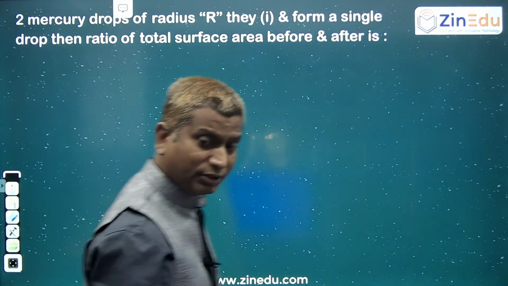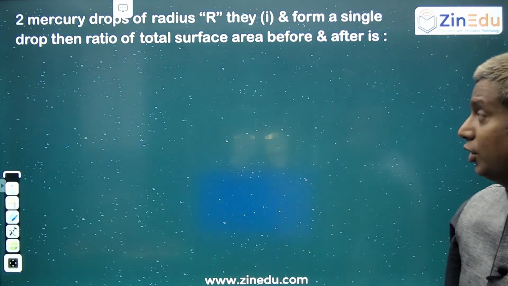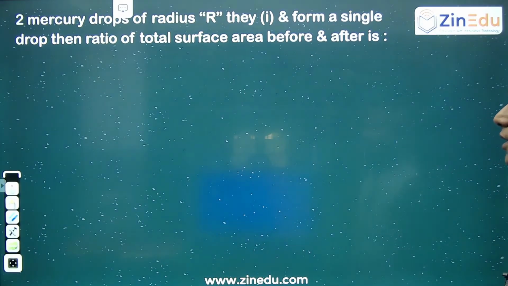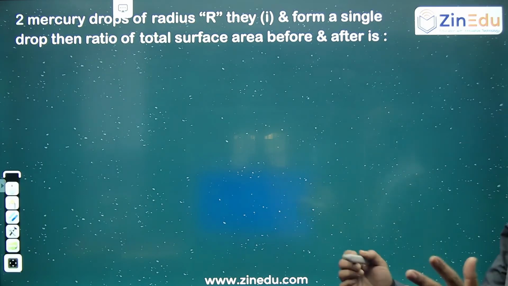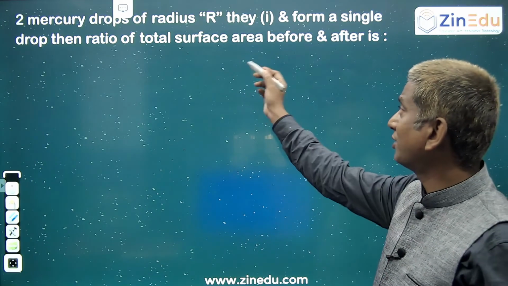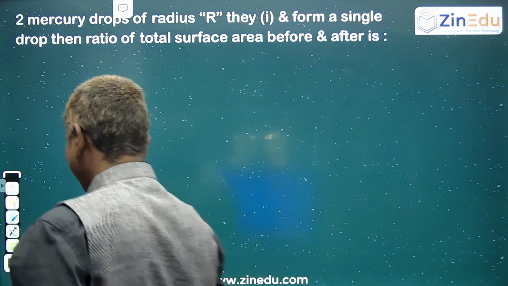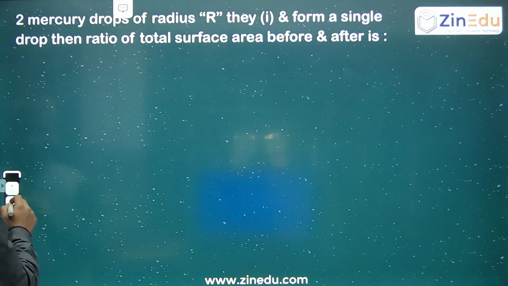So here is another question. Two mercury drops, each of them having radius r, are combined to form a single drop. Then what is the ratio of the surface energy? I will explain the question again.